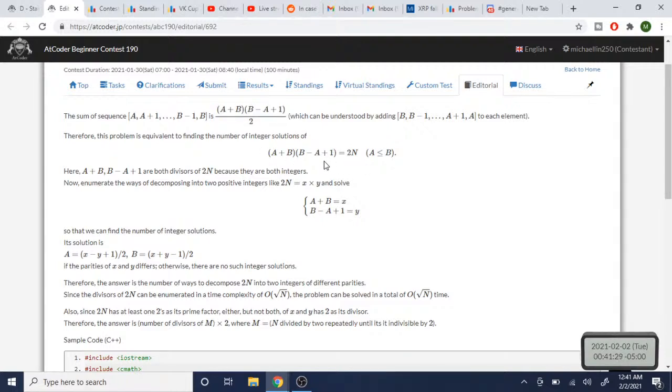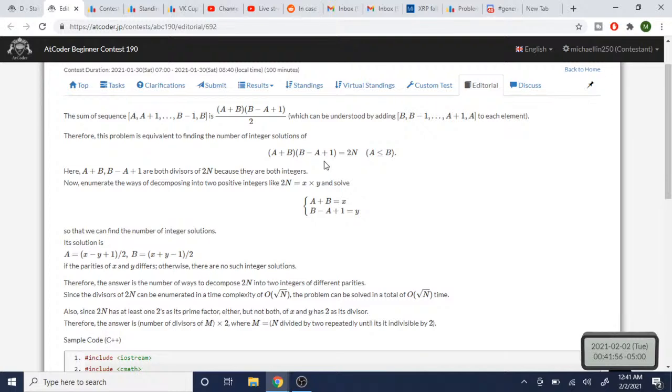Here, a plus b and b minus a plus 1 are both divisors of 2n because they're both integers. So we could enumerate by decomposing 2n into two positive integers x times y and solve this. We enumerate a plus b equal to x, b minus a plus 1 equal to y. So we can find the number of integer solutions.